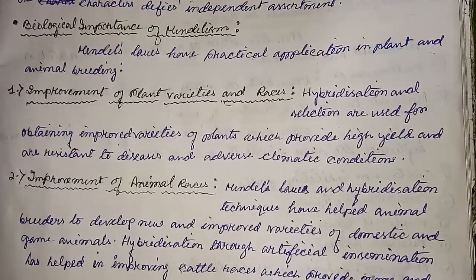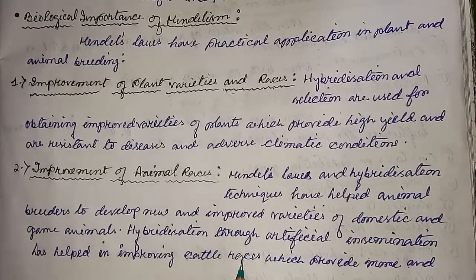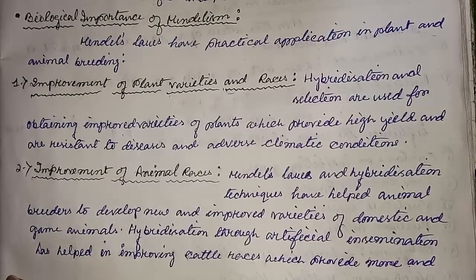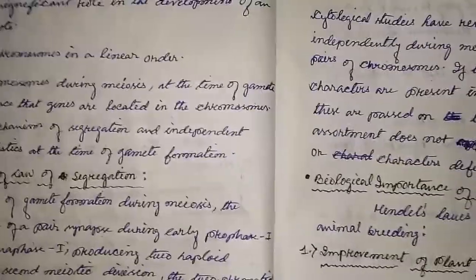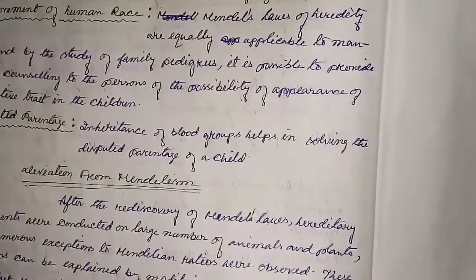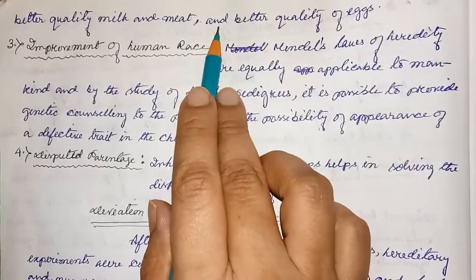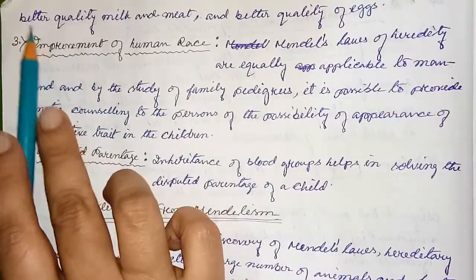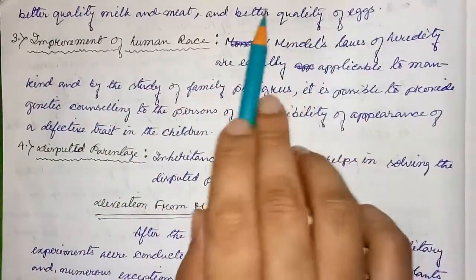Hybridization through artificial insemination has helped in improving cattle races which provide more and better quality milk and meat and better quality of eggs.